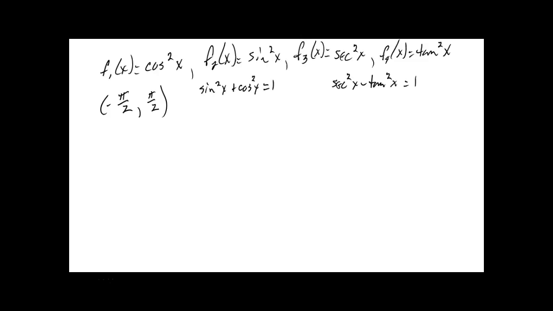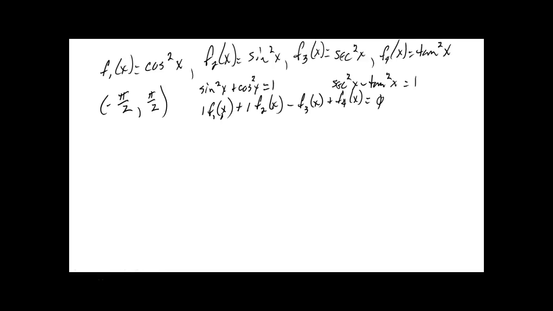So guess what? If I choose 1 times f1 of x, that's cosine squared, plus 1 times f2 of x, that's the sine squared x, minus f3 of x, plus f4 of x, I think I can get 0.